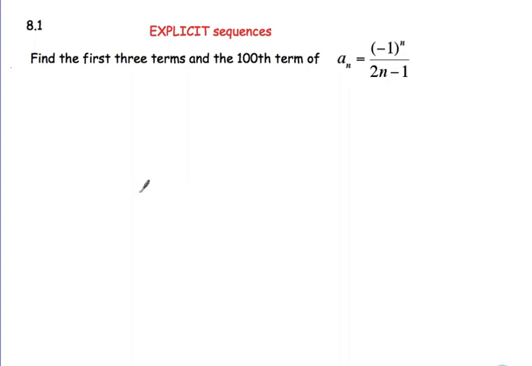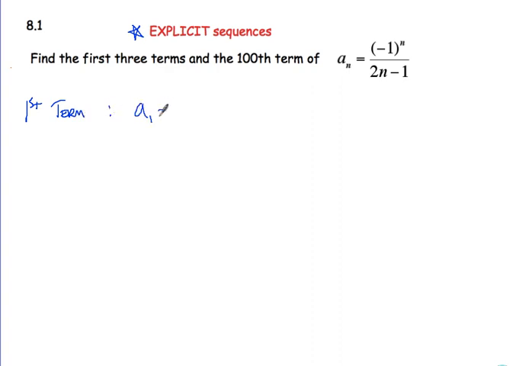All right, so first thing I want to kind of touch base on is an explicit sequence. You've been dealing with explicit sequences already. That just means that whatever term you want to find, that's the number you plug in. So if I want to find the first three terms, let's say I want to find the first term, then I'm going to just plug in a 1.